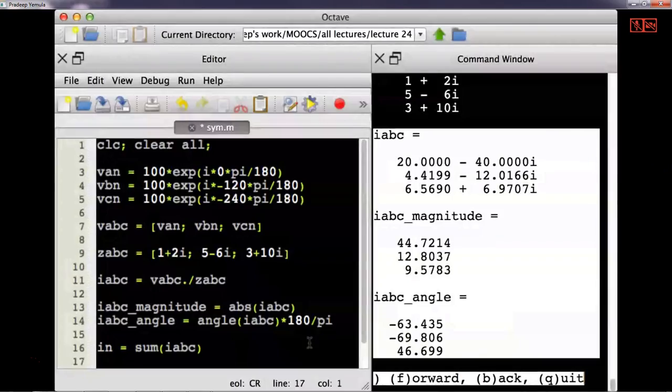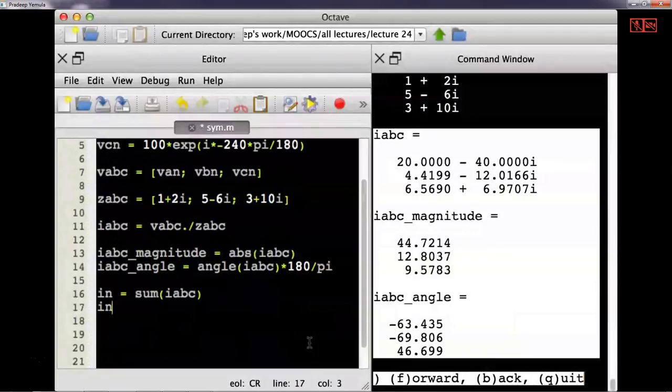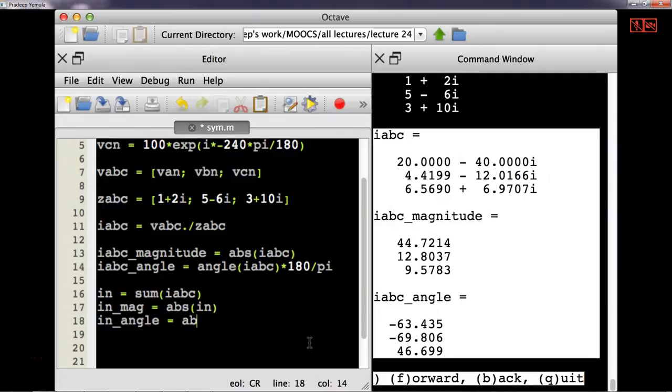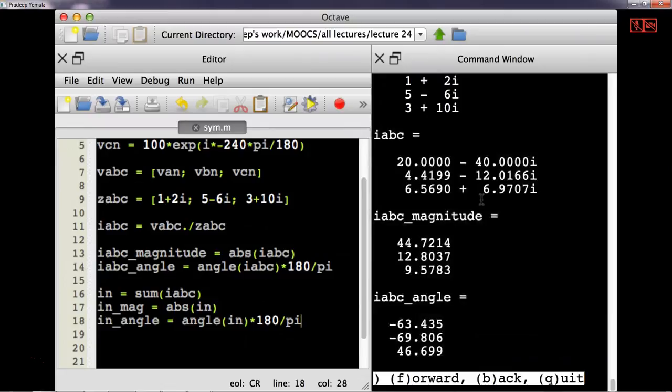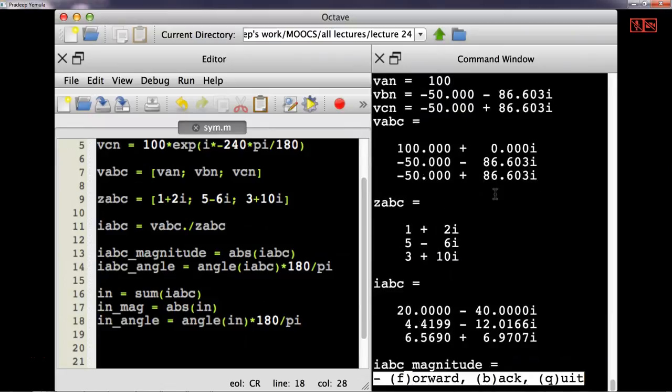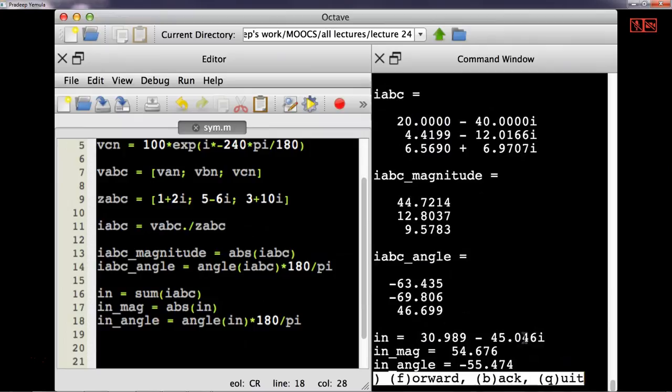So I want to display the IN magnitude, absolute value of IN, and then IN angle, sorry, angle of IN.